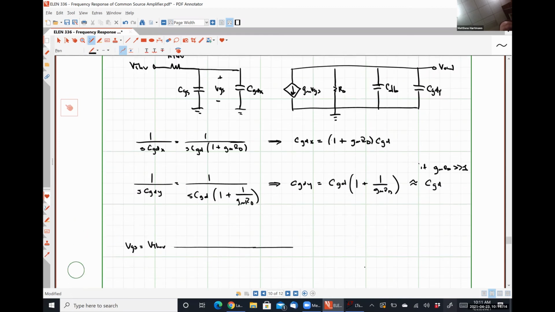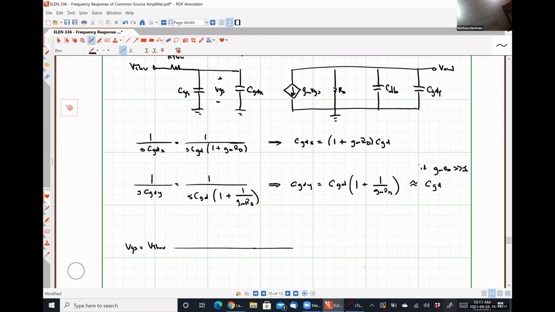Our numerator is going to be those 2 capacitors in parallel, right? So that's going to look like S times CGS plus 1 plus GMRD CGD.